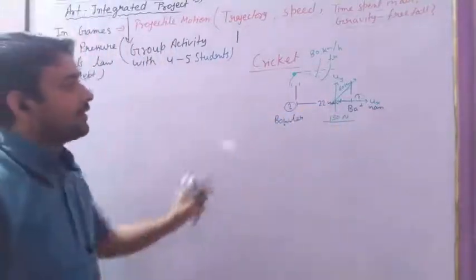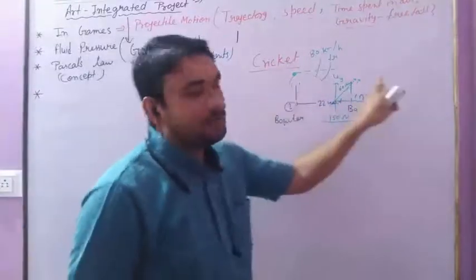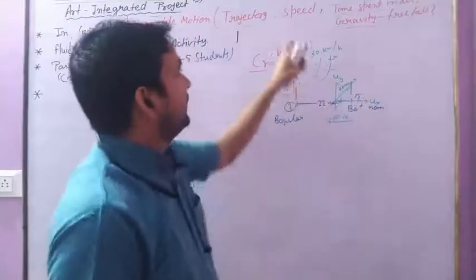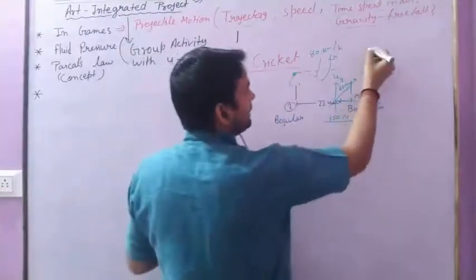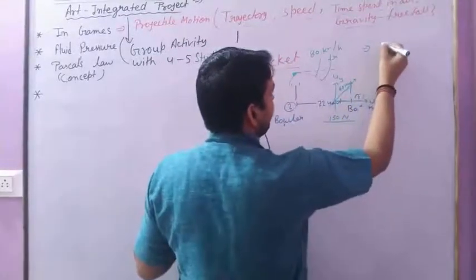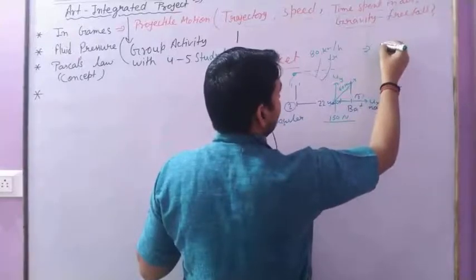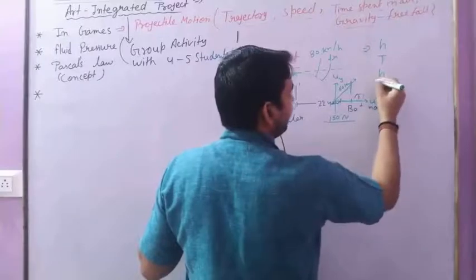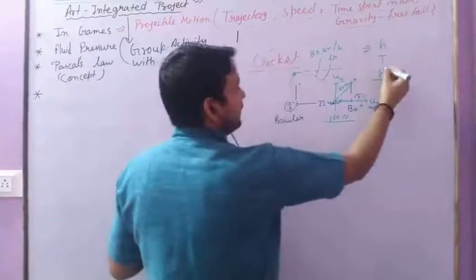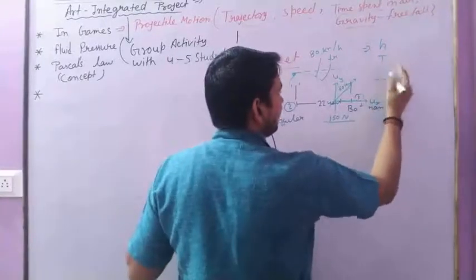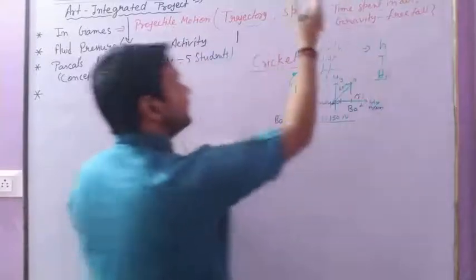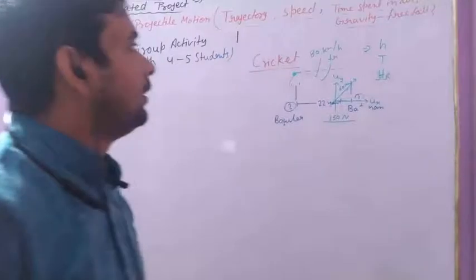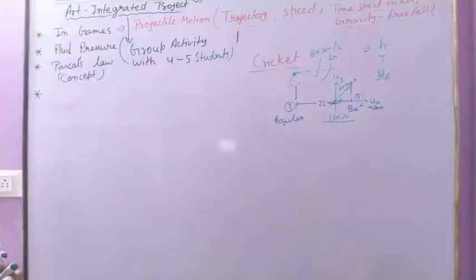Now you can use some examples here to explain things like its trajectory, its height, its time of flight, horizontal range, and so on. So this is the first kind of activity which you can form on the basis of the physics concept of projectile motion.